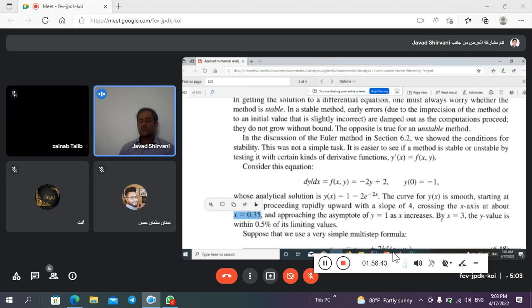As x increases to 3, the y value is within 15% of its limiting value.